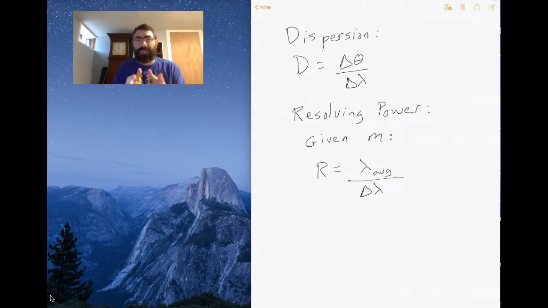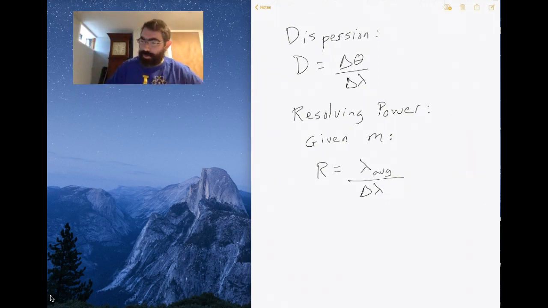So basically, what we're looking at with the resolving power is the average wavelength, how well you're going to separate red from green or red from blue. Because if I have a diffraction grating that's not very good, then the reds are going to mix with the blues, the reds are going to mix with the greens. You'll get kind of a washed out rainbow color instead of nice, really sharp, narrow lines for the different colors.